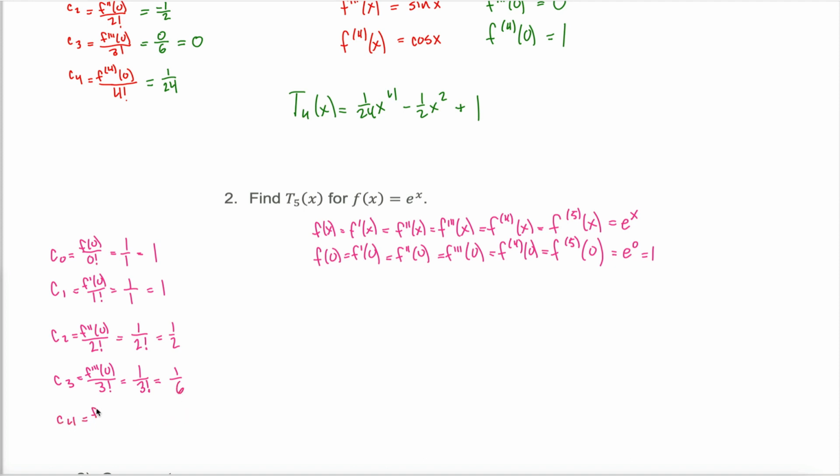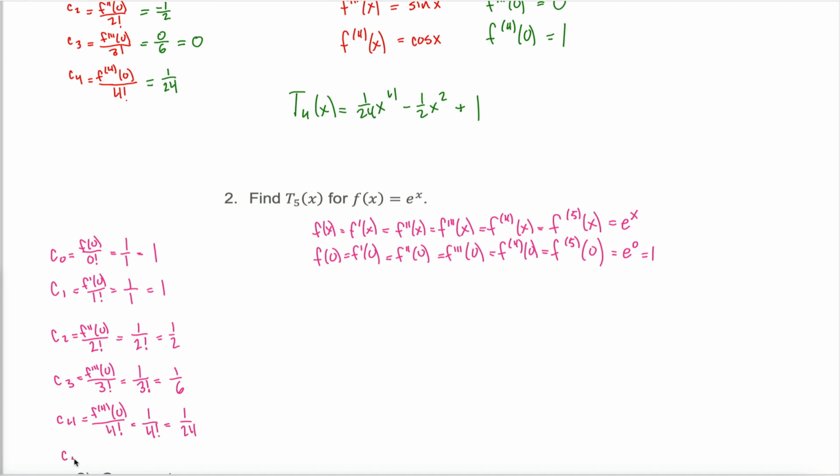Two more coefficients that I need. C4 would be the fourth derivative of my function evaluated at 0 divided by 4 factorial. But the fourth derivative, as we know, evaluated at 0 is just equal to 1. So it's 1 over 4 factorial. 4 times 3 times 2 times 1, or 4 times 6, is 24.